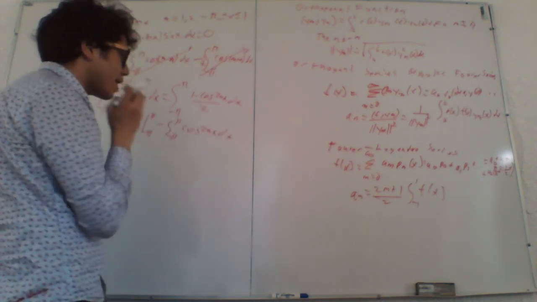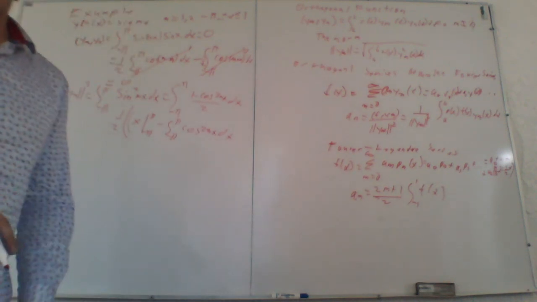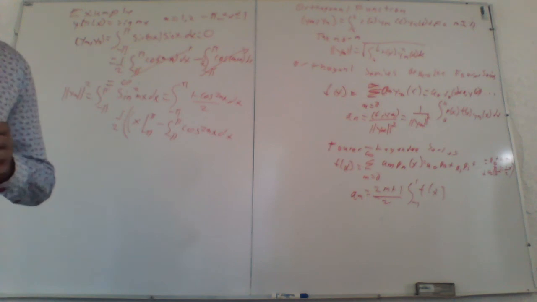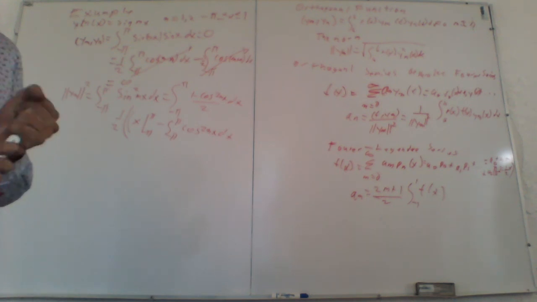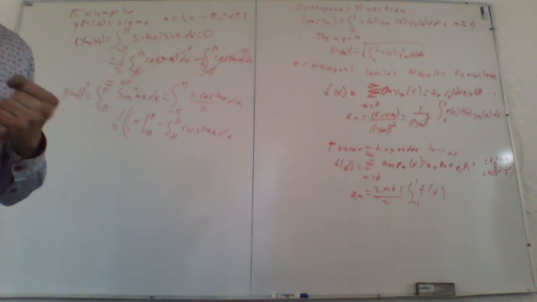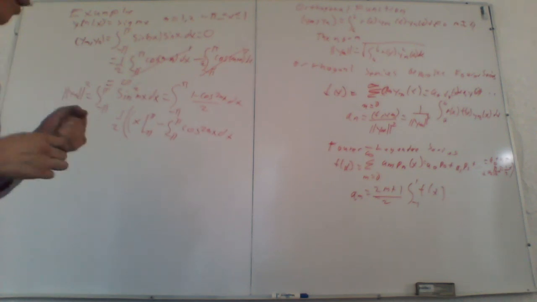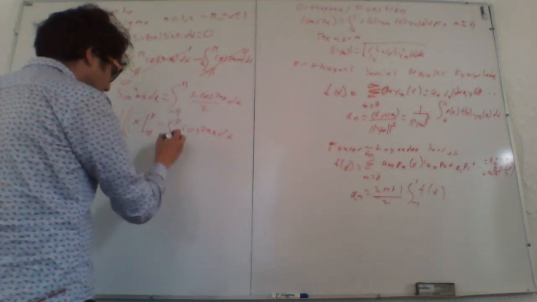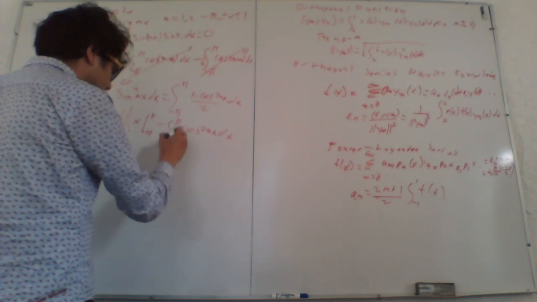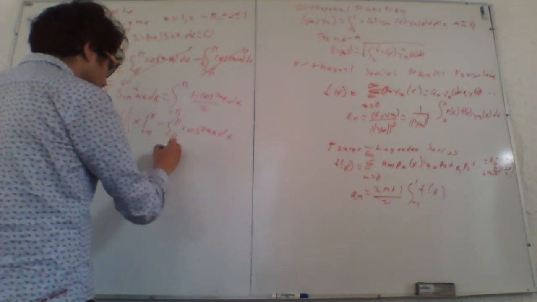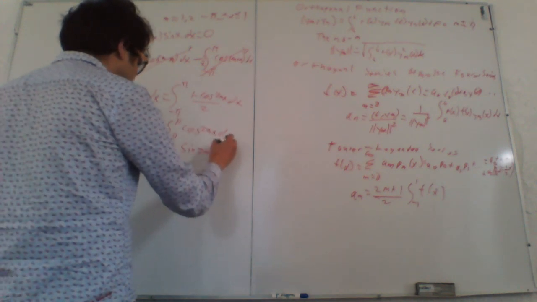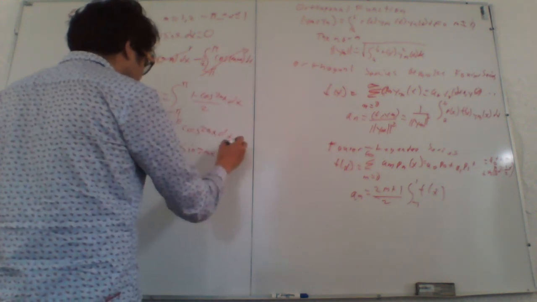The integral of cosine is the sine. So for this we have minus 1 over 2m of sine of 2mx from minus pi to pi.